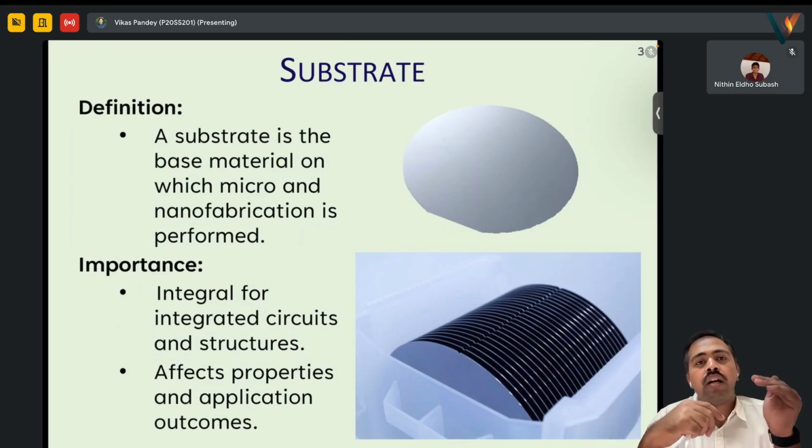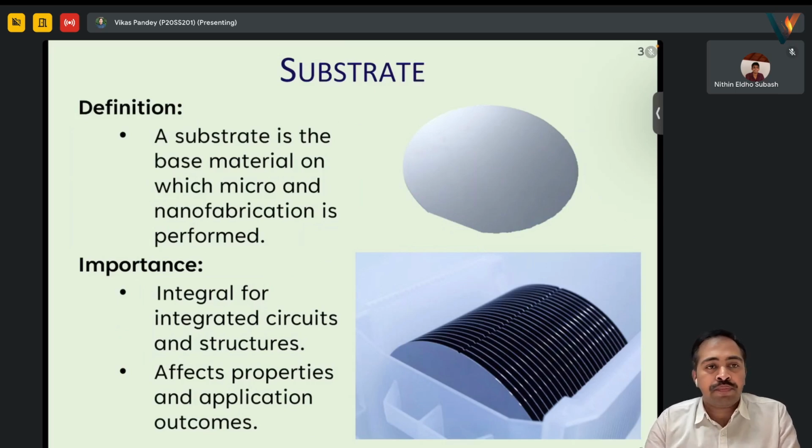So I'll start from the second lecture, which is the topic of the week: substrate, cleaning and clean room. Wherever you have doubt or are not able to understand, you can just unmute and ask. So let's start with a brief summary of substrate.